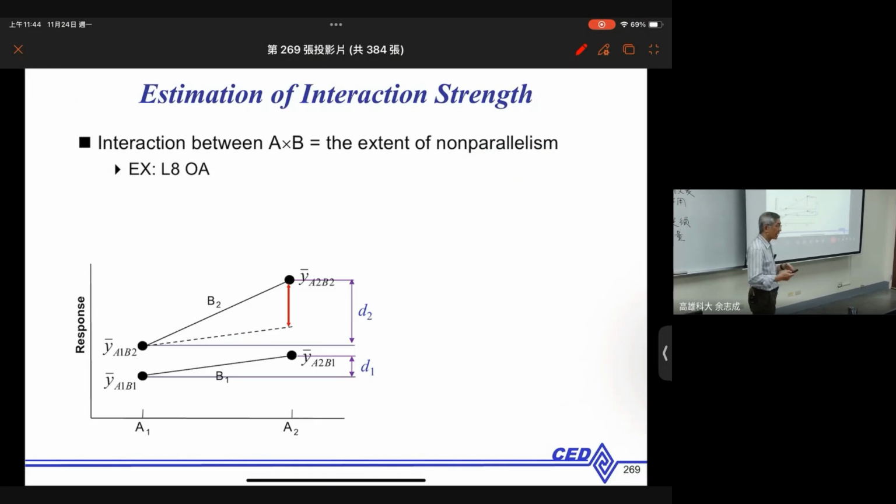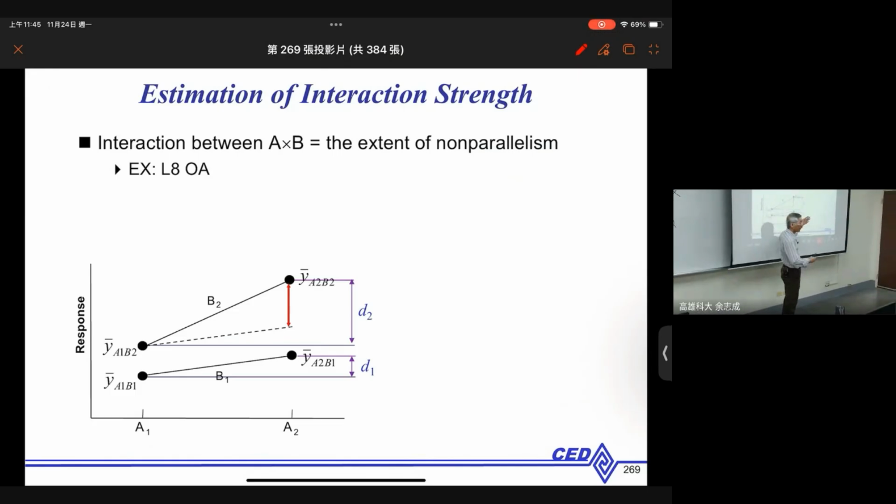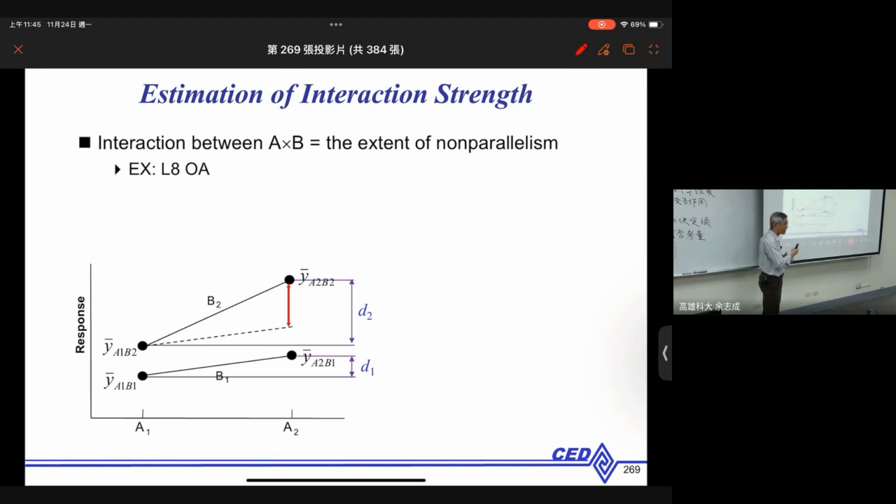Therefore, whether there is interaction can be determined by the difference between D1 and D2. If D1 equals D2, these two lines will be parallel, no interaction. If they are not the same, there is interaction. If they change sign, one positive and one negative, then there might be anti-synergistic interaction.